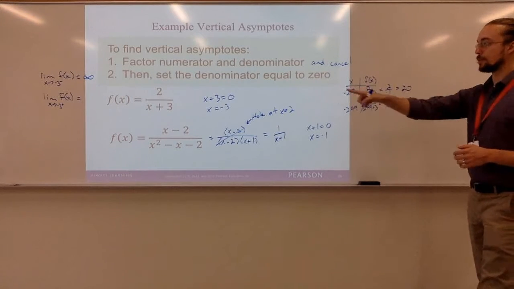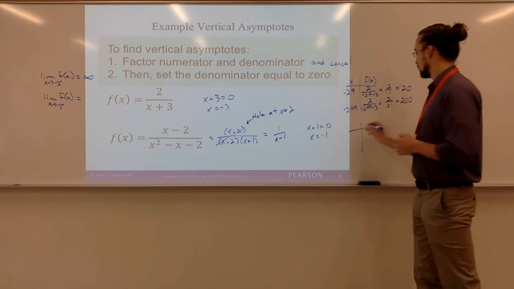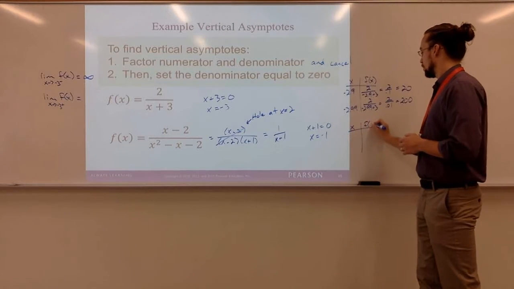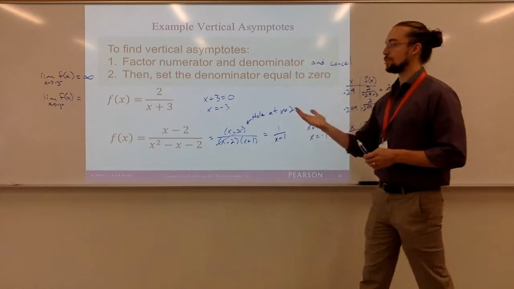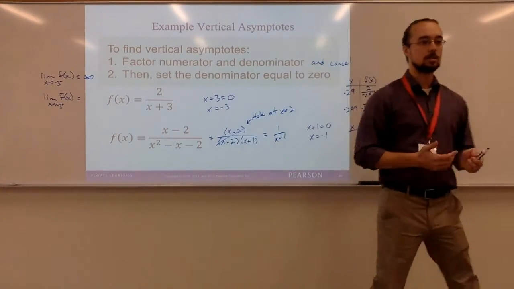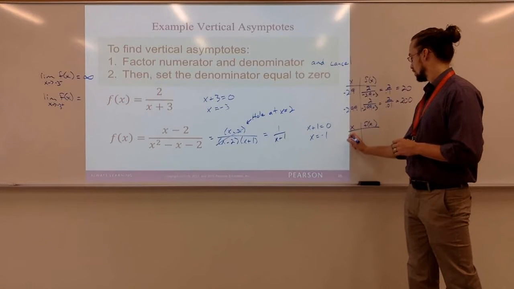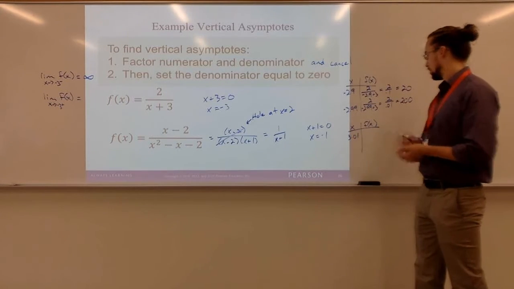So let's do the same thing then to find the value as we're coming from the other side. So what values should we choose if we want to figure out the limit as x approaches -3 from the right? Sure. Let's do -3.01.